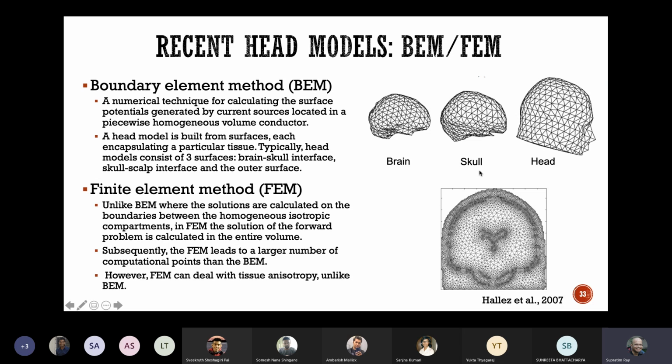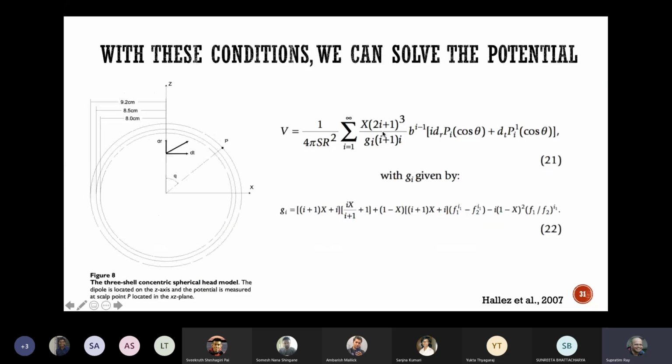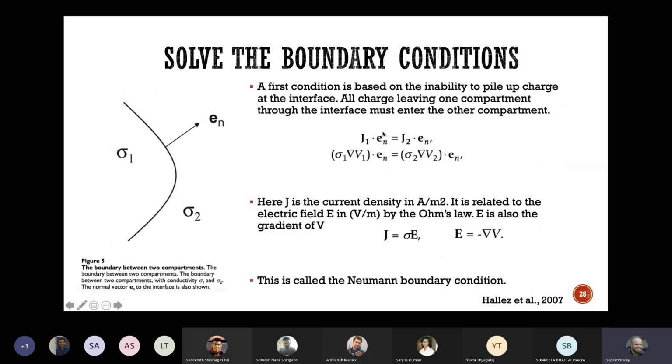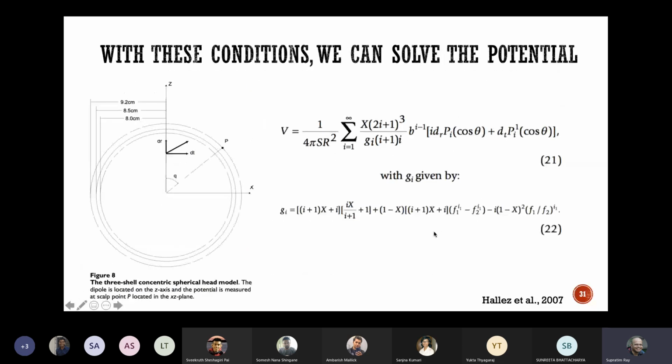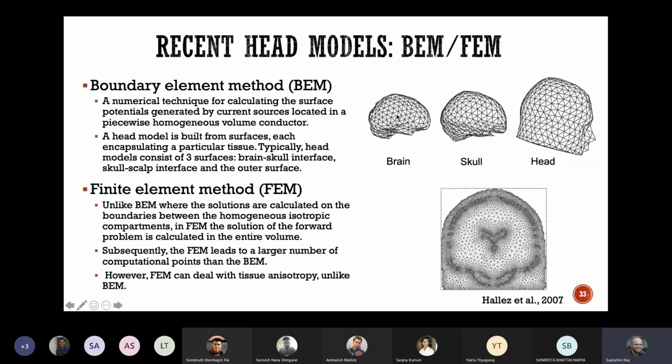When you're using a mesh, it is still the same conductivity within a tissue; you don't talk about anisotropy here. And you are essentially just solving these kinds of equations repeatedly for each of the interfaces, across a particular tissue as well as within a particular tissue, as well as across different tissues. So that's the boundary element method.